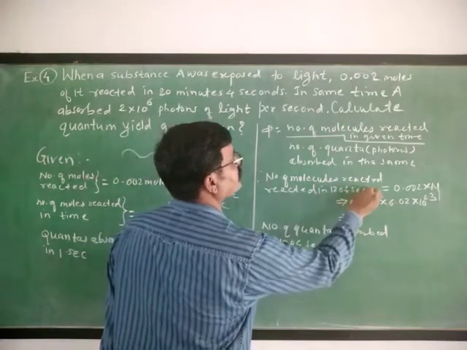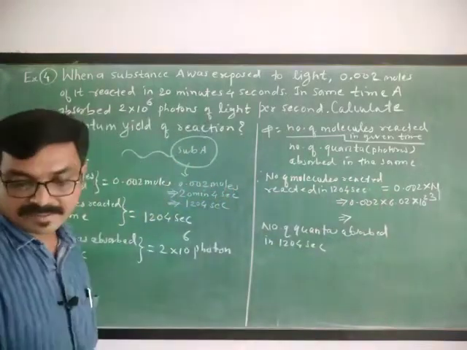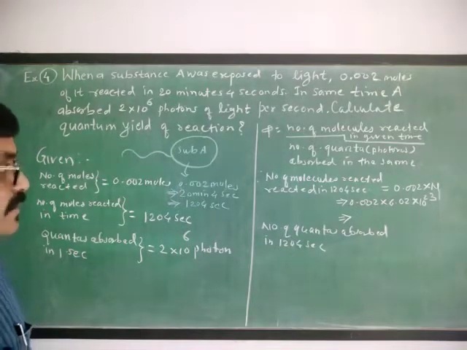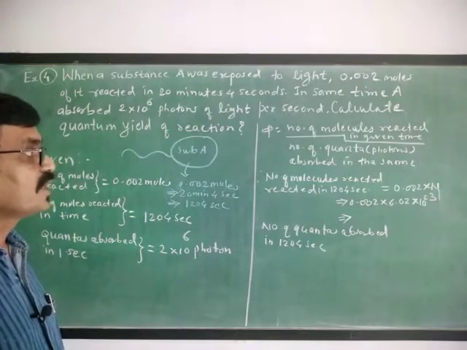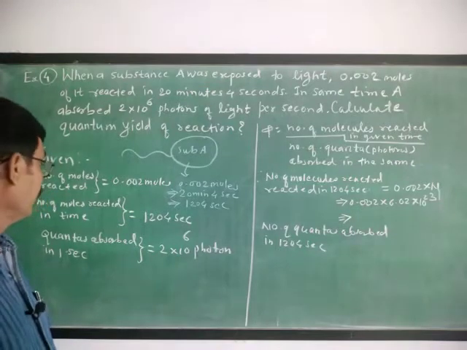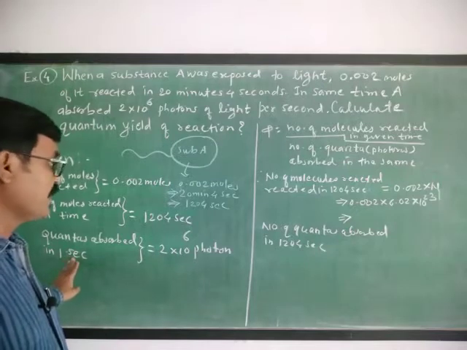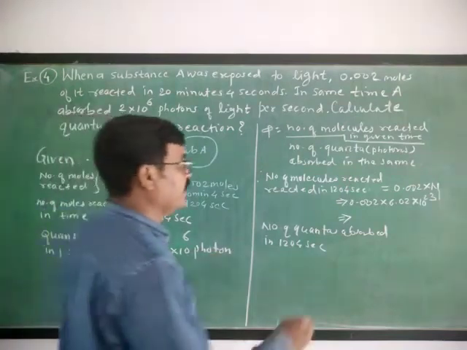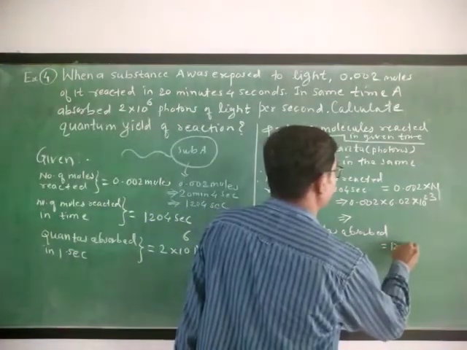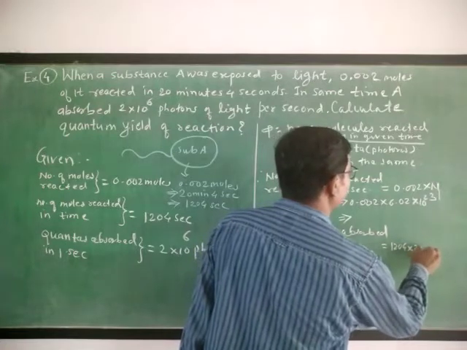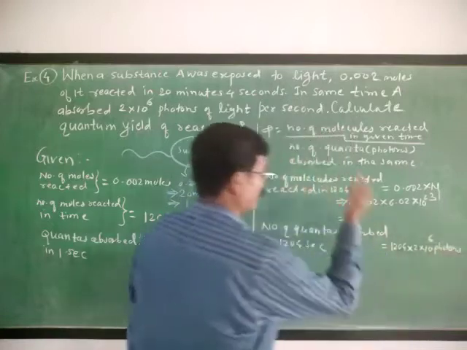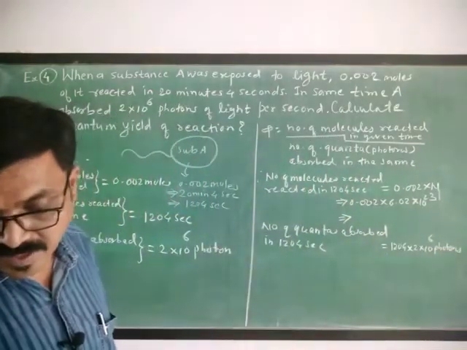Now it is the quantas absorbed in 1 second, that's why you have to calculate in so many seconds. It will be equal to 1204 multiplied by 2 into 10 raised to power 6 photons or quantas. Now you will get both of these values.